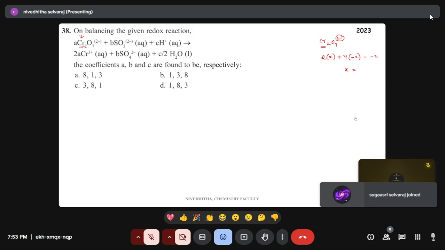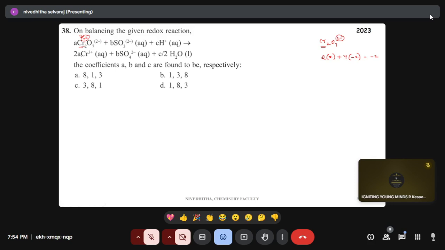What happened, Kana? What is the value of X, or what is the oxidation state of chromium? Yes, it is plus 6. So oxidation state of chromium is plus 6 in Cr2O7 2 minus.